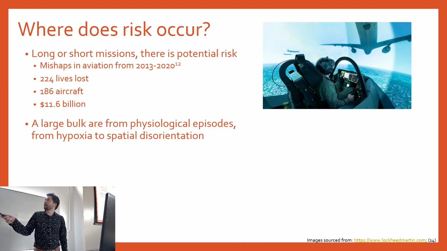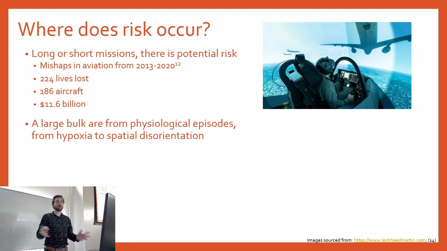The reason we look into hypoxia is due to my work with the Department of Defense. Here you can see I have an F-35 pictured, and the government looks a lot into how their money, of course, is being spent and where risk occurs, particularly in high-speed aircraft like the F-35 and other flight jets.